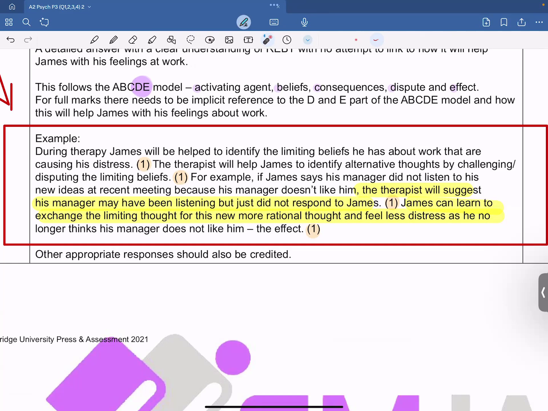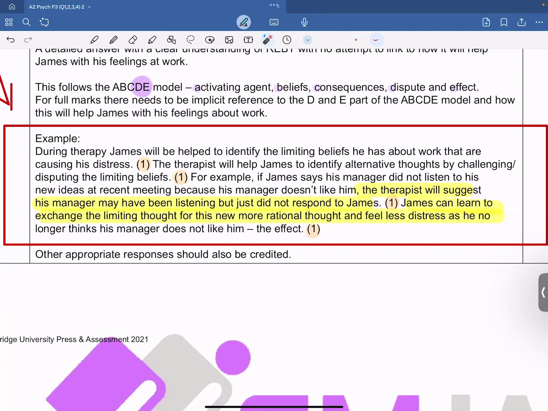So, how do you score a 4 on 4? For example, during therapy, James will be helped to identify the limiting beliefs he has about work that are causing his distress. The therapist will help James to identify alternative thoughts by challenging or disputing the limiting beliefs. For example, if James says his manager does not listen to his new ideas at a recent meeting because his manager doesn't like him, the therapist will suggest his manager may have been listening but did not respond to James.